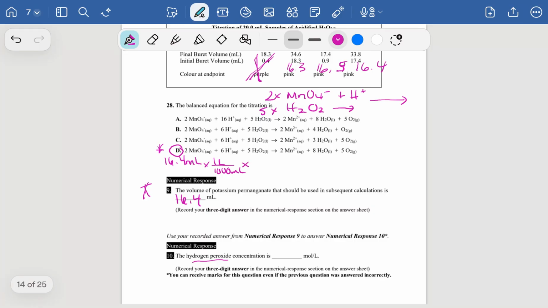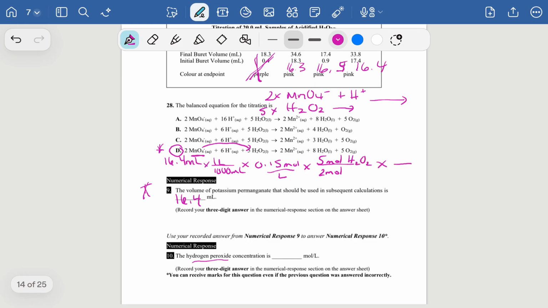Then you can multiply that by the concentration of the MnO4, which was given 0.15 moles per liter. And now that we have moles of MnO4 negative, you can turn that into moles of your unknown. So we'll have 2 moles of KMnO4 on the bottom and 5 moles of H2O2 in the numerator.